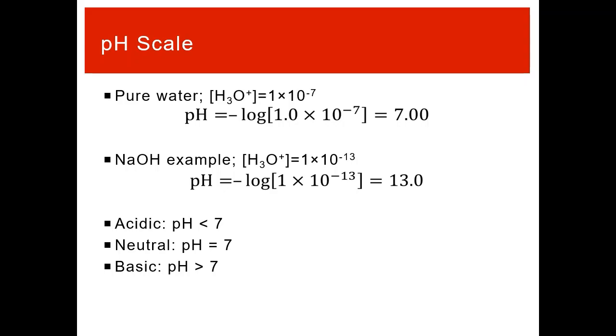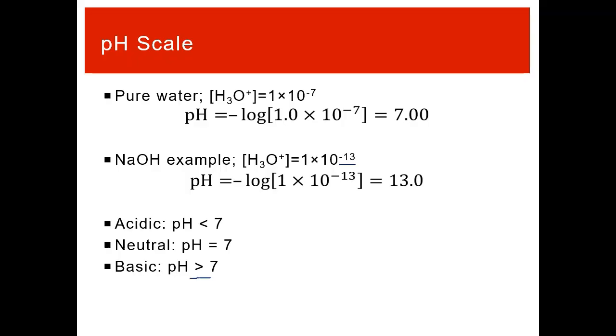Okay, so pHs greater than 7 correspond to basic. It comes from, again, kind of inverting. We know that when we're dealing with concentrations, a power that is more negative than 10 to the negative 7th is a basic solution. In the case of pH, that more negative becomes more positive.